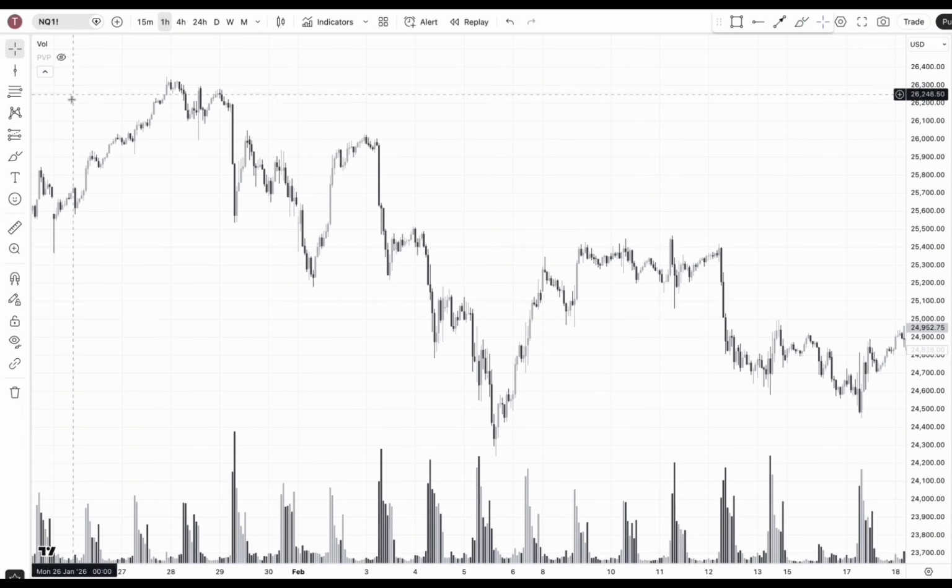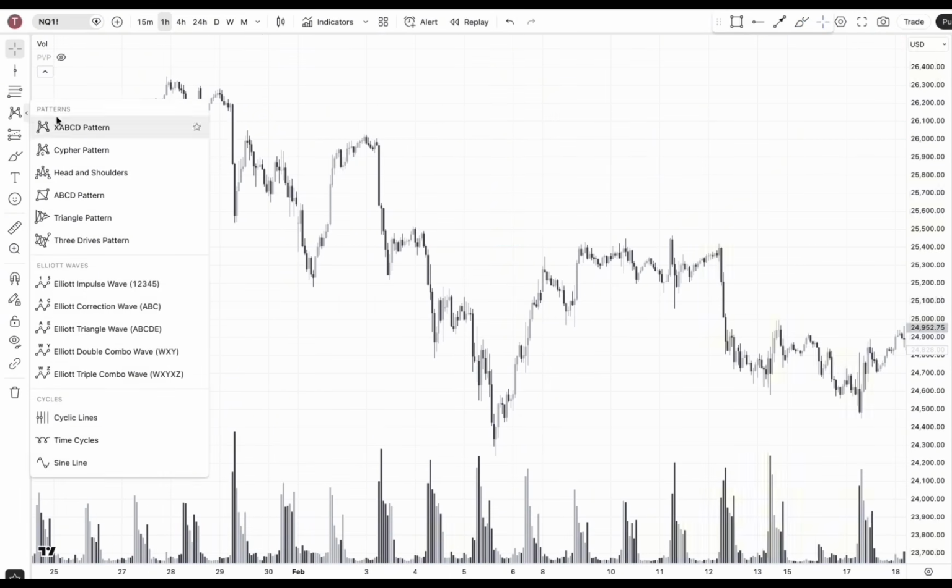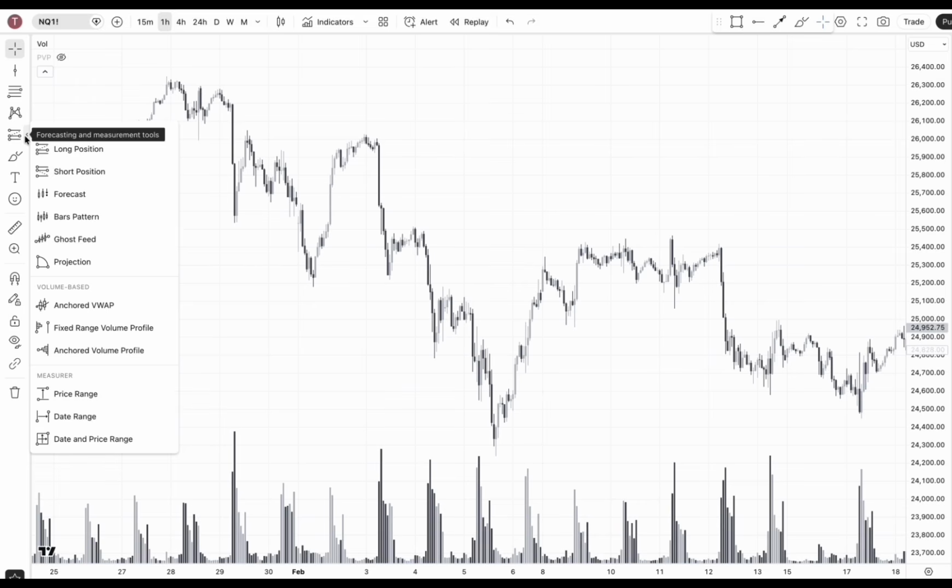You can also use anchored VWAP. You would go to drawing tools and then here, right here with projections, volume-based anchored VWAP.